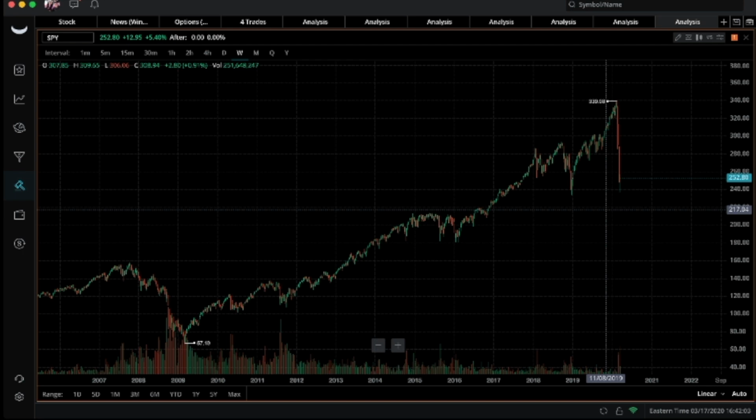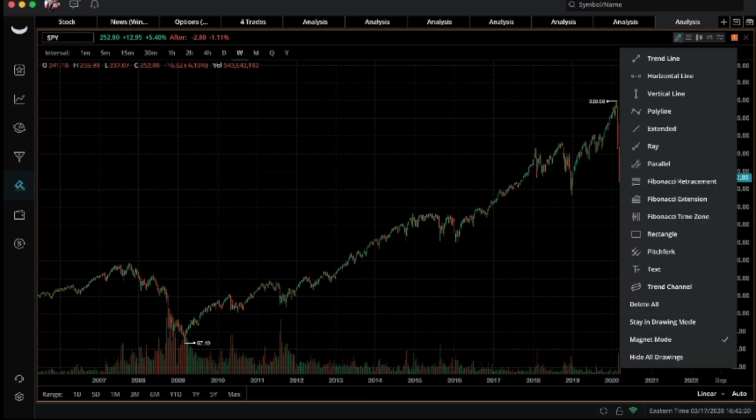People have bought and sold at these areas before. It stands to reason that they'll buy and sell in these price ranges again. So we're not just hoping we've picked the right bottom as we are in the Fibonacci sequence. So I'll show you how we go about that.